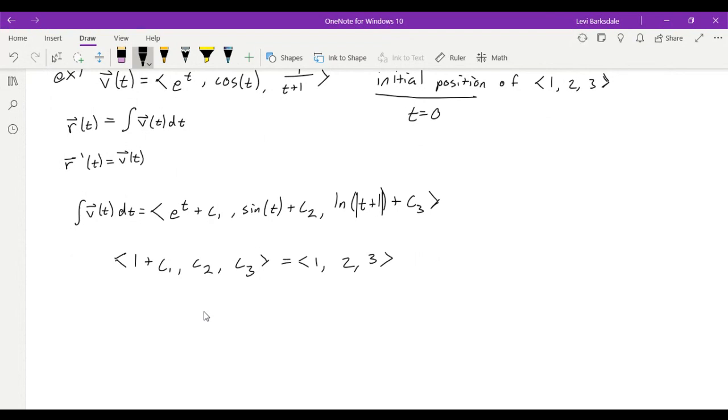Now looking at things component-wise, 1 plus c1 is equal to 1, so c1 is equal to 0, c2 is equal to 2, and c3 is equal to 3. So that tells us that our position vector is going to be e to the t, sine of t plus 2, and natural log of t plus 1 plus 3.